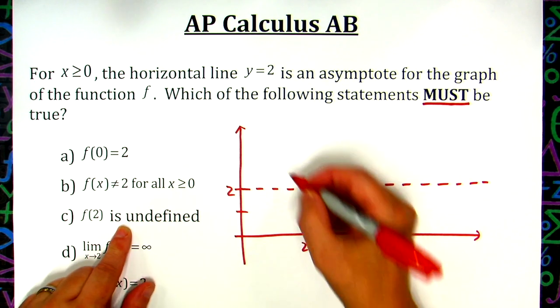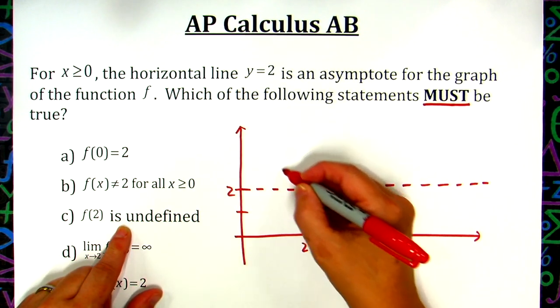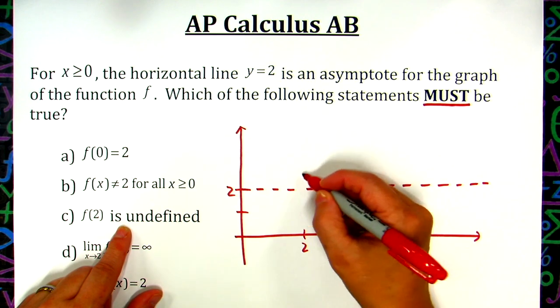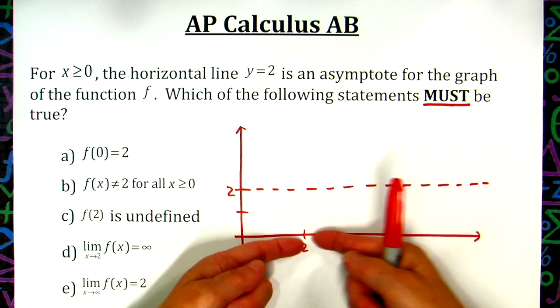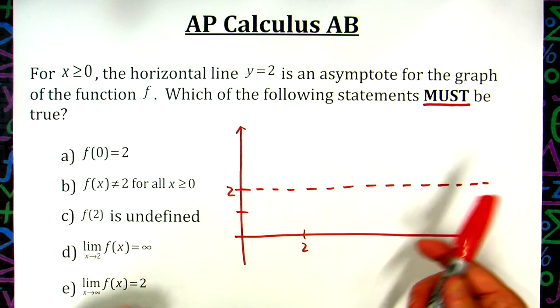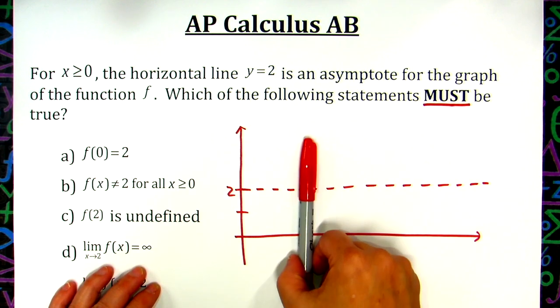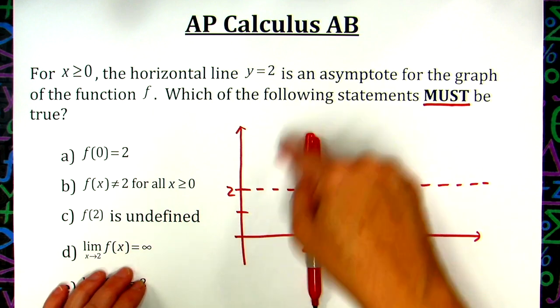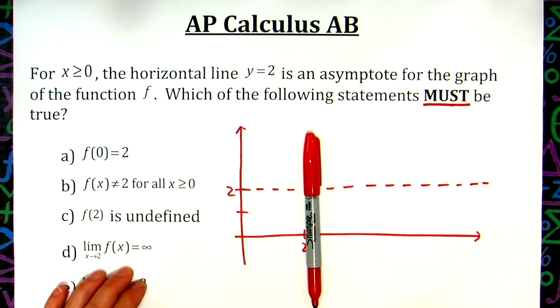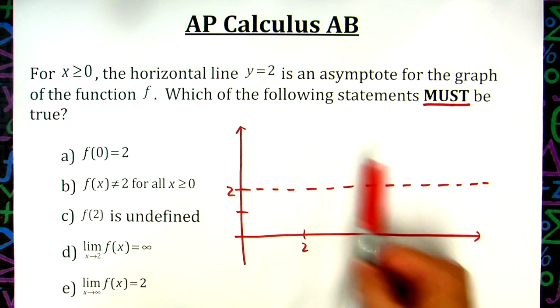If the function came down and touched right here and then had a hole right there, it could be, but it can't be guaranteed. The limit as x approaches 2 is infinity. Again, I don't have enough information. If there happened to be a vertical asymptote there also, then maybe that could be true, but I cannot assume or add anything to the question.